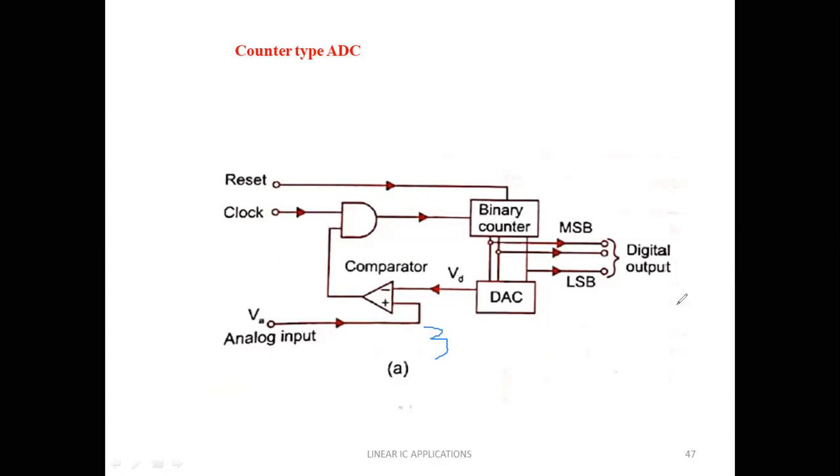Here it compares sequentially. That's why the speed is somewhat low compared to that one. That is the disadvantage of this particular type of converter. But other than that, it is a very simple circuit.